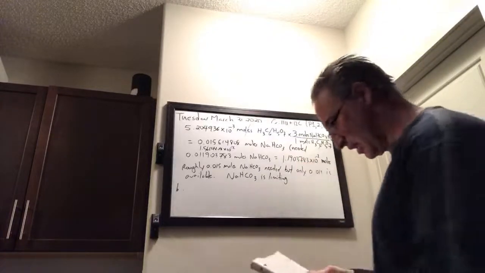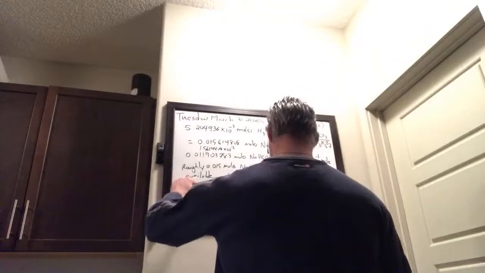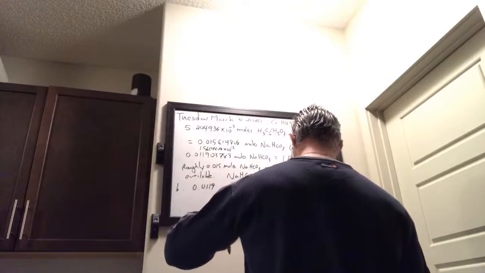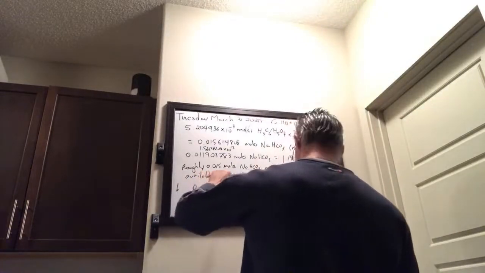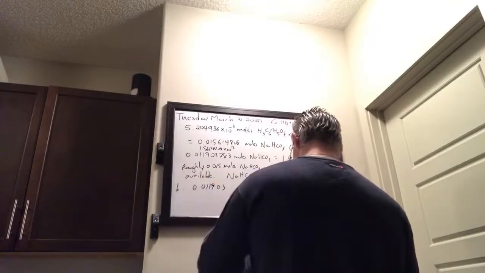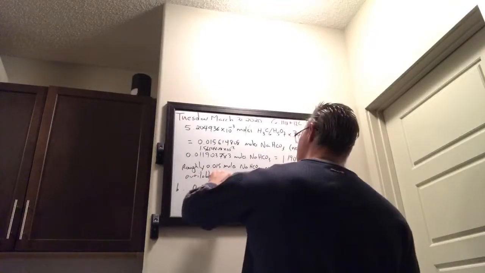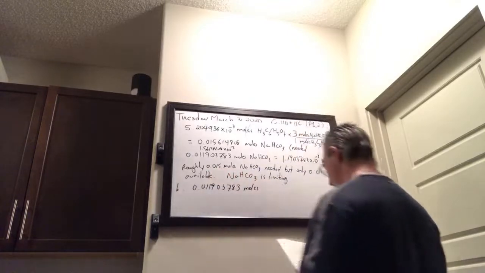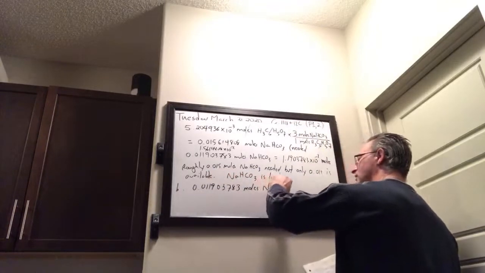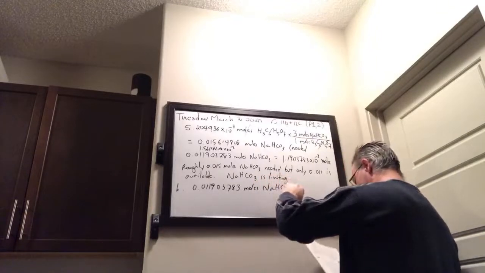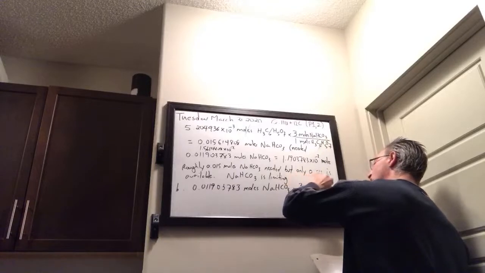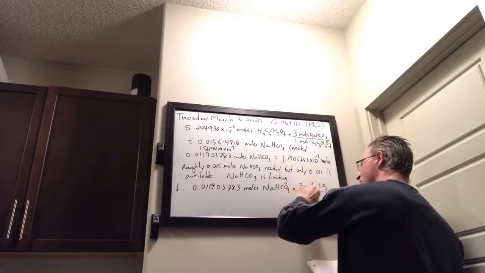So we're going to continue the calculation by saying 0.0119 moles of sodium bicarb times 3 moles of CO2 is produced for every 3 moles of sodium bicarb present.